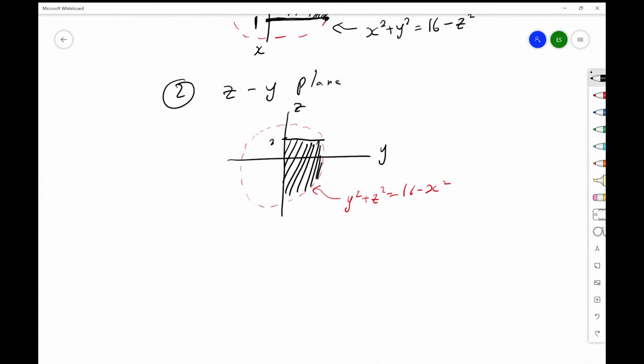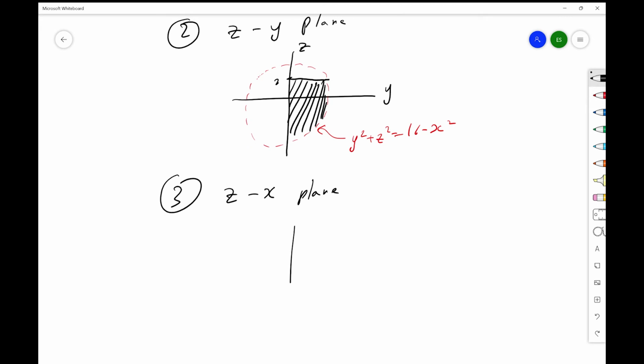And then thirdly, the zx plane. So this is going to be x, and this is z. I could do the x here, it doesn't matter.